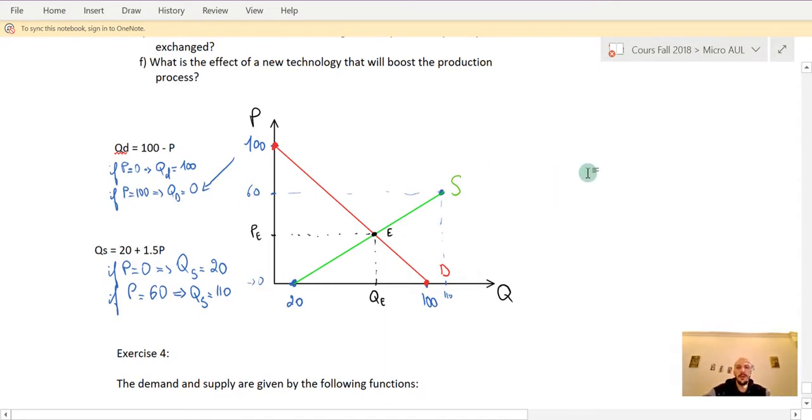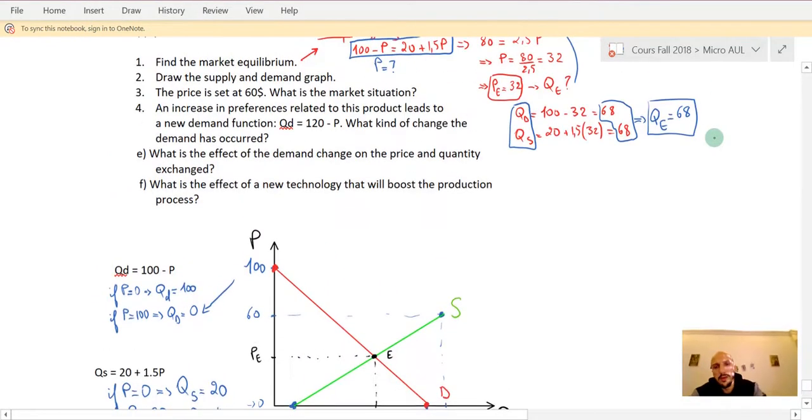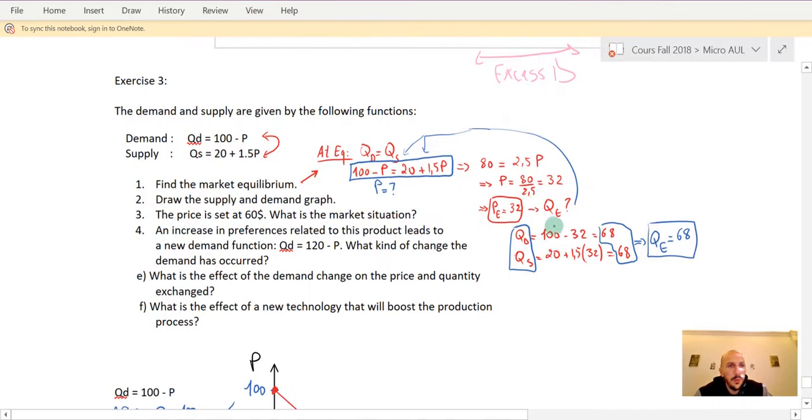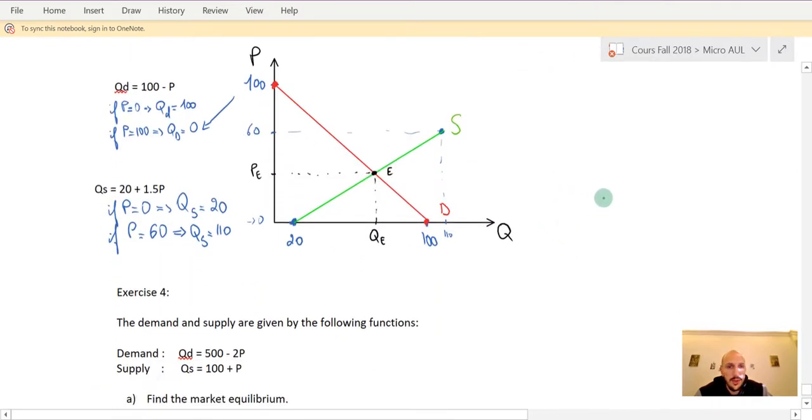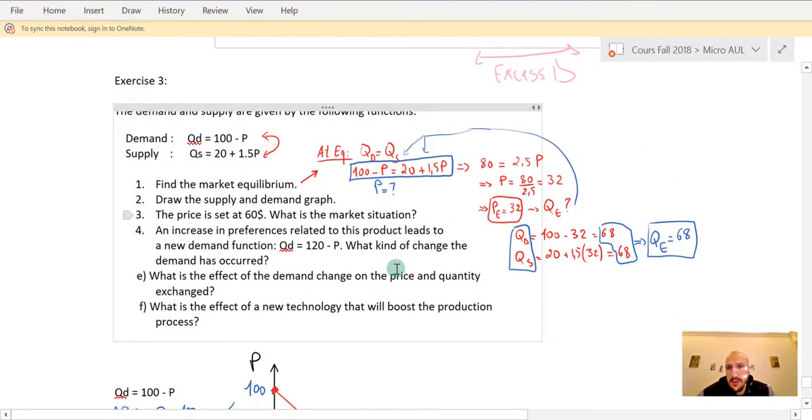So we have here our supply and demand curves, and according to the equilibrium we found above, we know now that the price at equilibrium is 32. So here we have 32, and the quantity at equilibrium is 68. Great. So this was question 2.